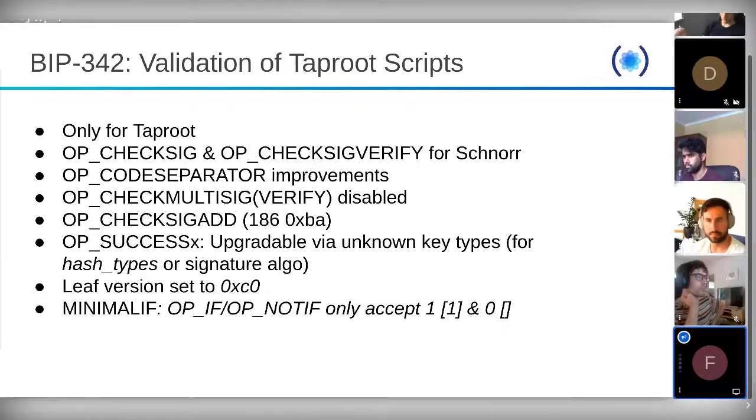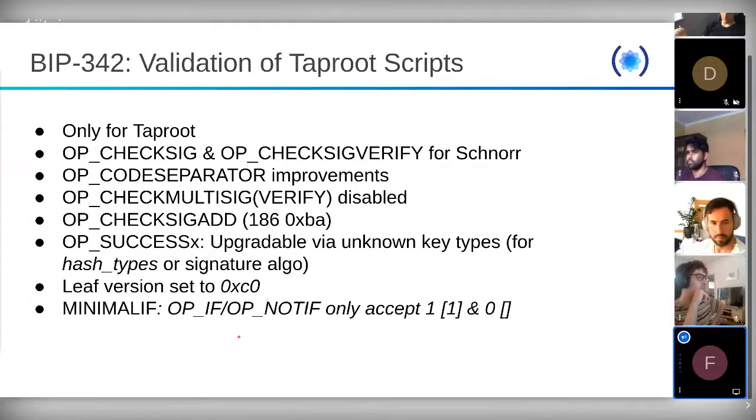And then, at the moment, the leaf version is set to C0. So for a script, there is a version. I haven't read too much about that, but my understanding is that it allows you to version the scripting. At the moment we do C0, and in the future we can change the version there.